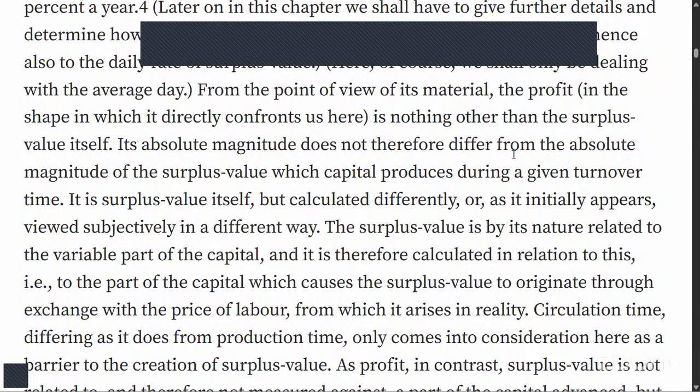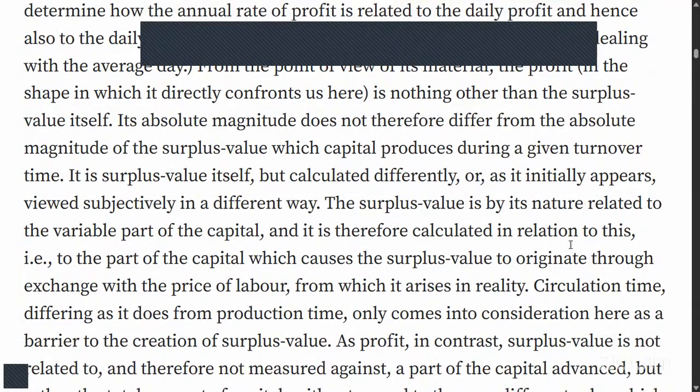The surplus value is by its nature related to the variable part of the capital and is therefore calculated in relation to this, i.e., to the part of the capital which causes the surplus value to originate through exchange with the price of labor from which it arises in reality. Circulation time, differing as it does from production time, only comes into consideration here as a barrier to the creation of surplus value.